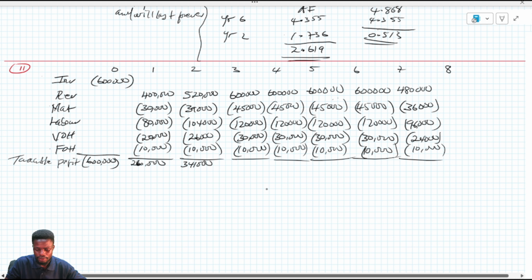This time around you get 395,000 for each of the next four years, and lastly you got 114,000.